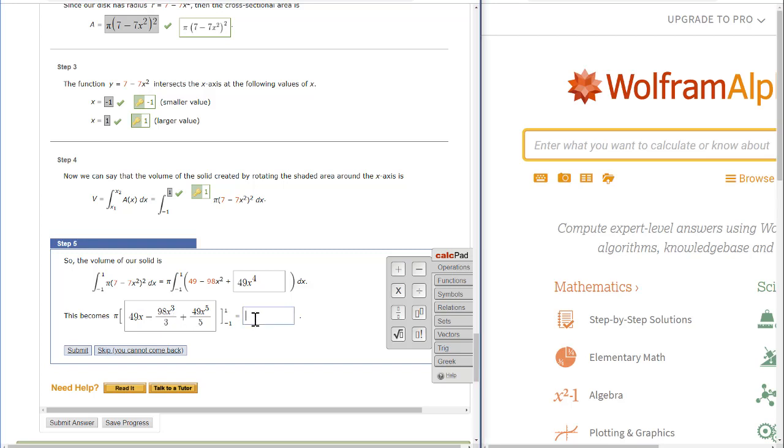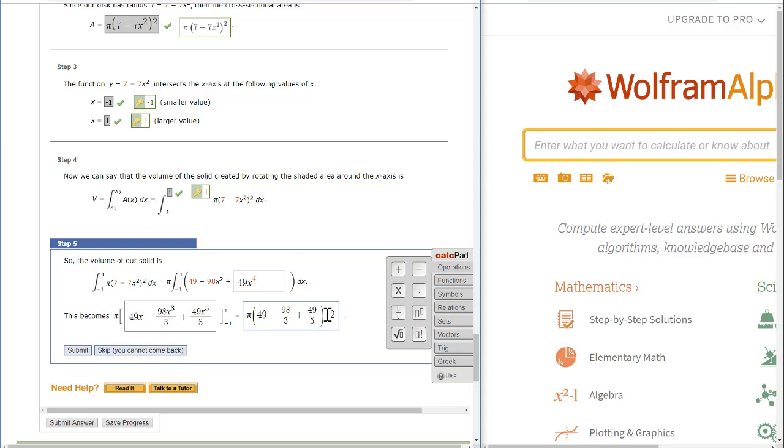I'm going to notice that this is going to be a pi, and then I'm going to get 49 times 1, so that's 49, and then minus 98 over 3, and then plus 49 over 5. Now that's what happens when I put 1 in. When I put -1, I'm going to get the negative of all these, but I'm going to subtract it, so I'm actually going to double that. So it's going to be times 2, this whole thing times 2.